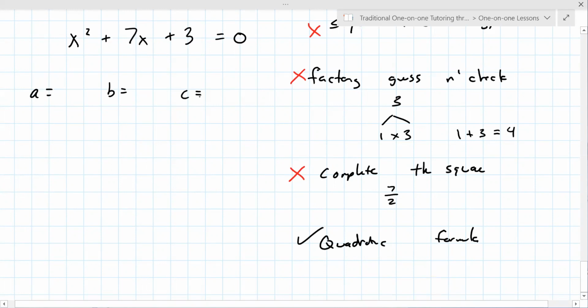Can you give me those values? Yeah, A equals 1, B equals 7, C equals 3. Okay, perfect. If this was minus 7x, how would B change? It would be -7. Perfect.